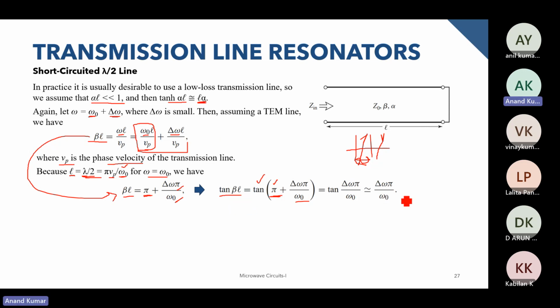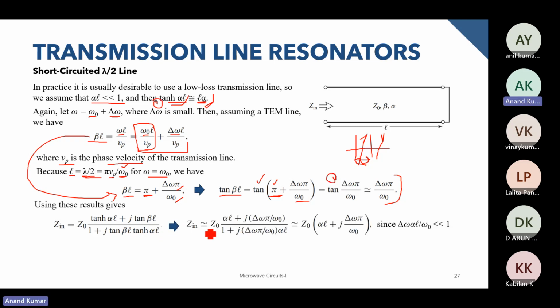So we have tan beta L as this term, and tanh alpha L as alpha L. Using these two observations, we can simplify the input impedance as Z naught times alpha L plus j pi delta omega by omega naught.